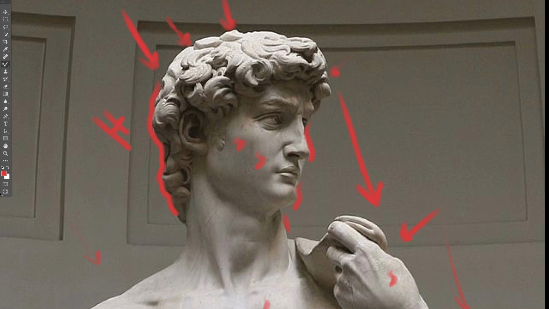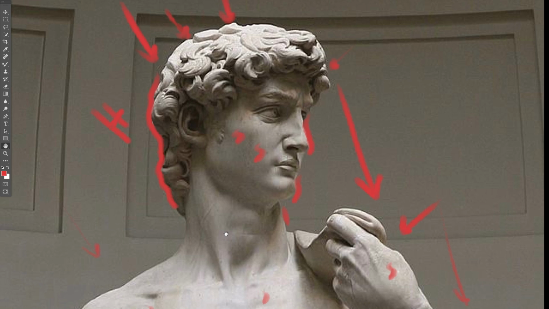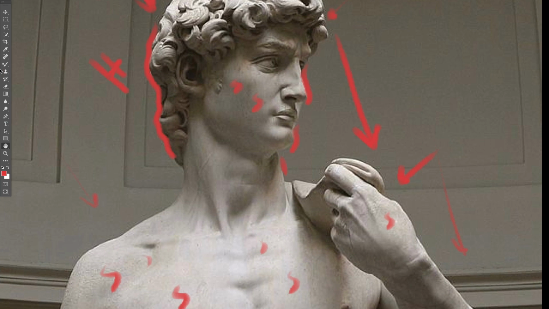Now, if we go down a little bit lower, let's go down lower. Let's take the neck a little bit here and analyze that. This muscle here, this sternocleidomastoid muscle that attaches to the clavicle, it gets a little bit darker down through here, and the edge gets a little bit harder. Why?